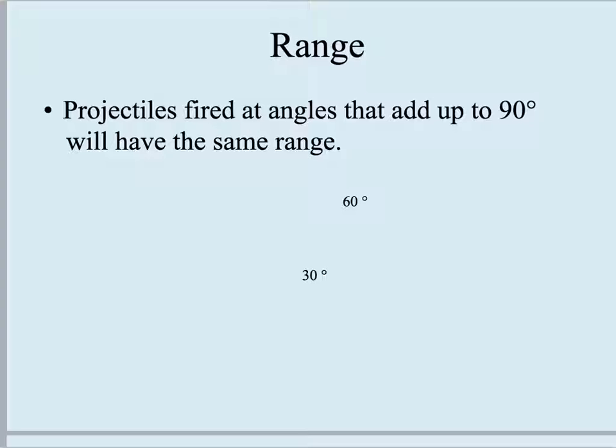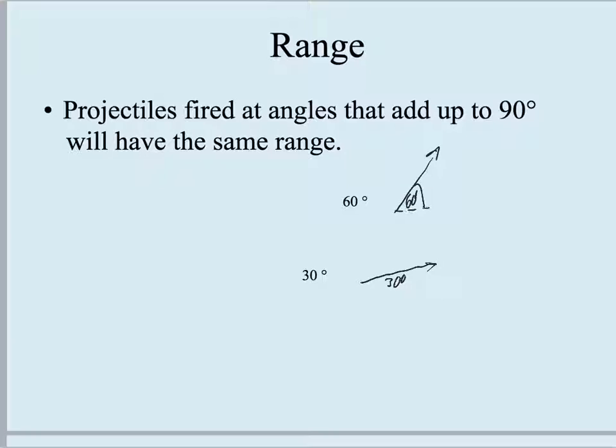So if they are complementary angles adding up to 90, they're going to have the same range. So if you think about a 60-degree launch and a 30-degree launch, so this is 60 and this is 30.